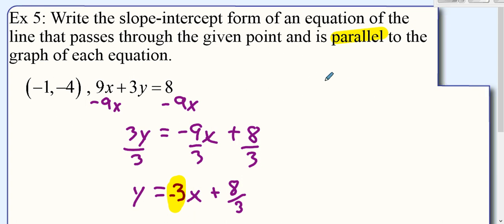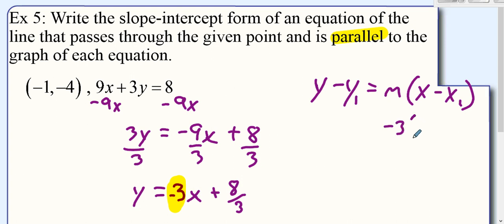And then we're going to take that, and plug everything we know into point slope formula. So now we know the slope is -3. And then we know x1 and y1 because x1 is right here, y1 is right there. So that's minus -1, and then minus -4.